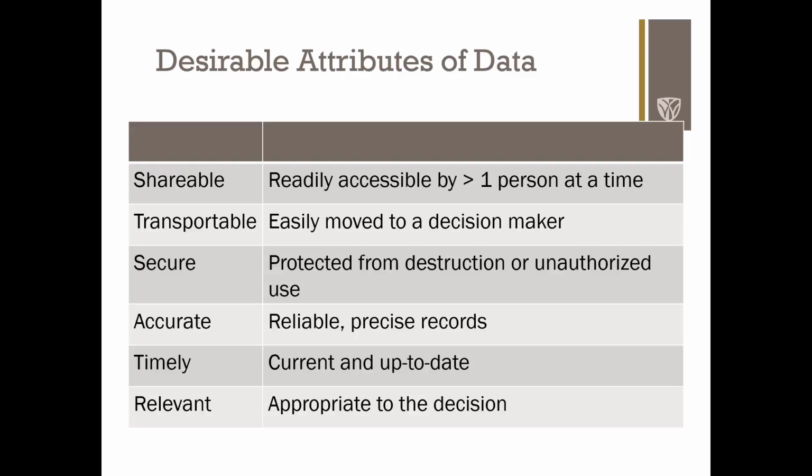Timely, which means it's current and up to date, again, that's a relative term. What's timely for some application may be more necessary or more timely than for another one. And then relevant. So we want data that's going to be appropriate for whatever decision we're trying to make. Whether we're trying to forecast the weather or we're trying to diagnose a patient's illness.